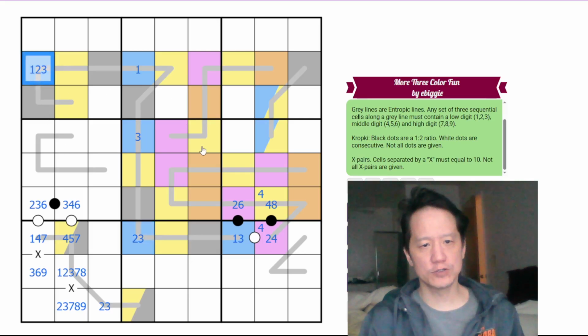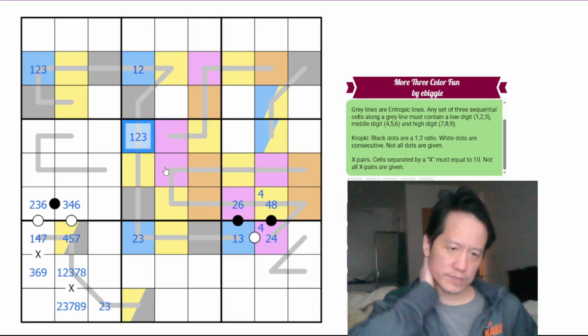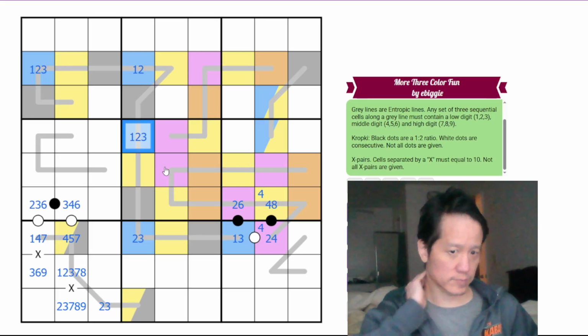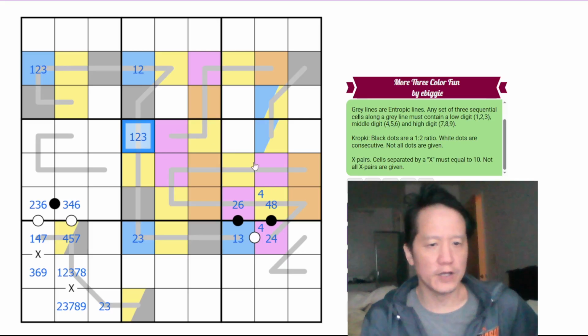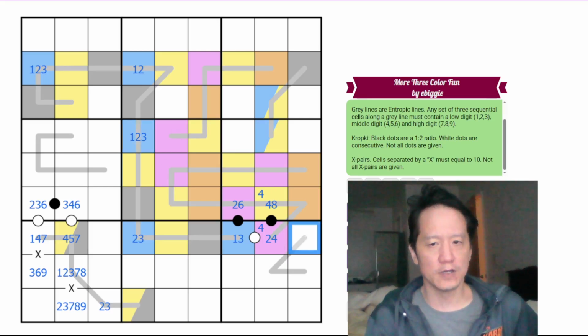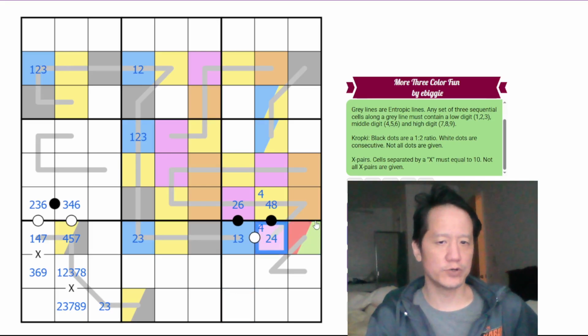This is 1 or 2. This is 3. This would have to be 1 or 2, and this would be 1 or 2. Either way, this cannot be a low. It's either medium or high. We're not sure which.